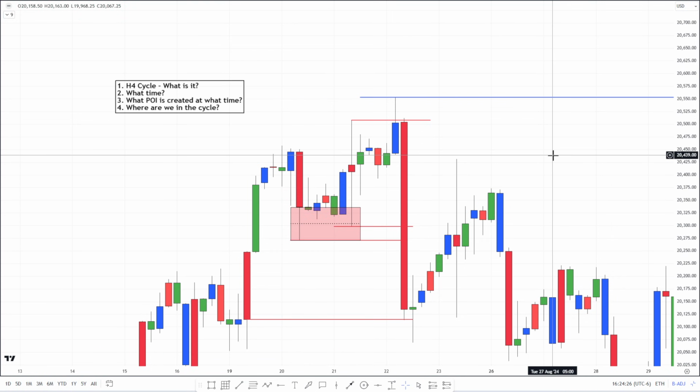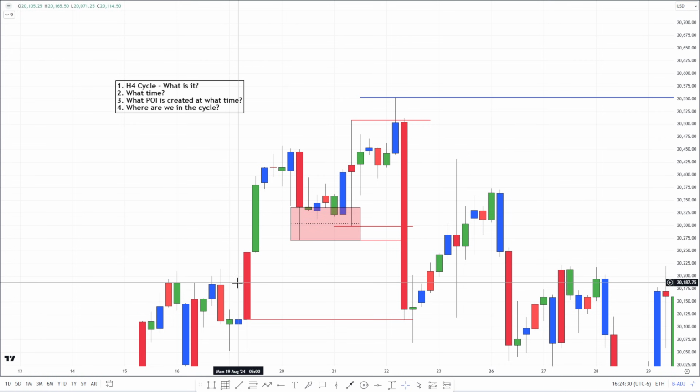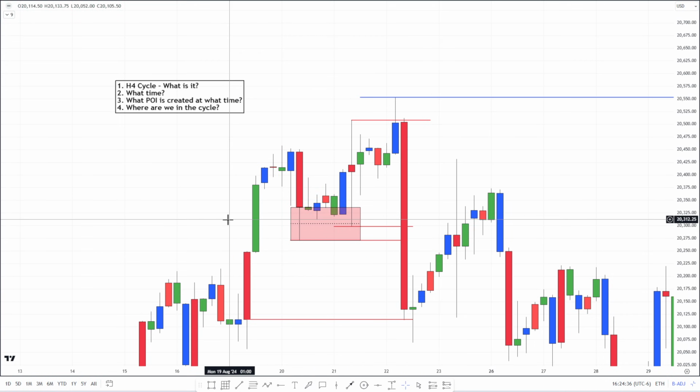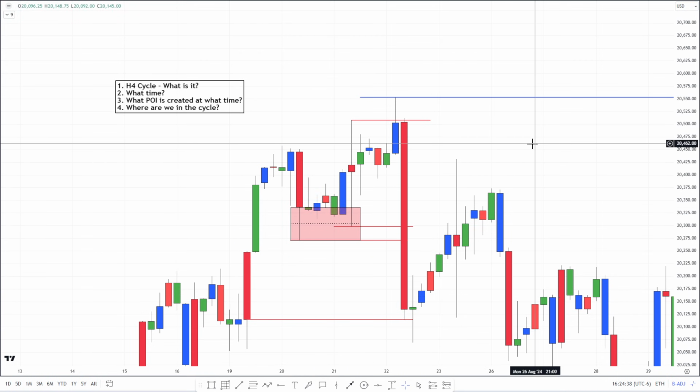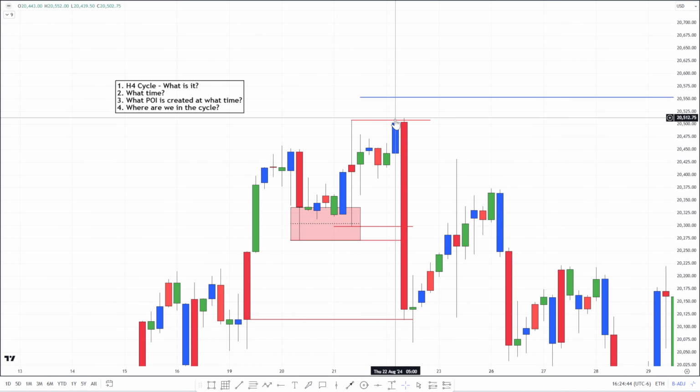And so when you identify where the cycle starts, and this is just one example of a cycle, okay, there's many of these that happen over and over and over again, then you can anticipate targets and what price is likely to do.